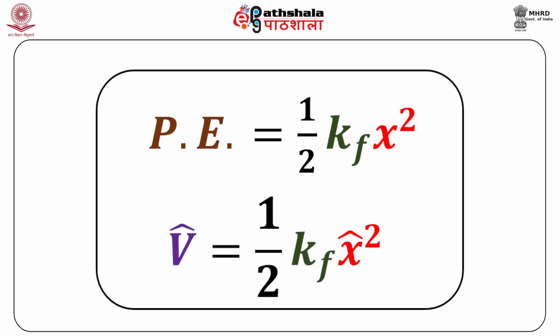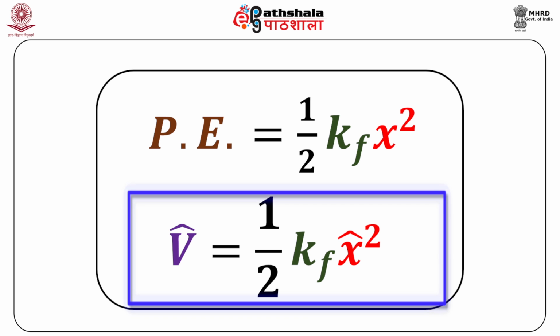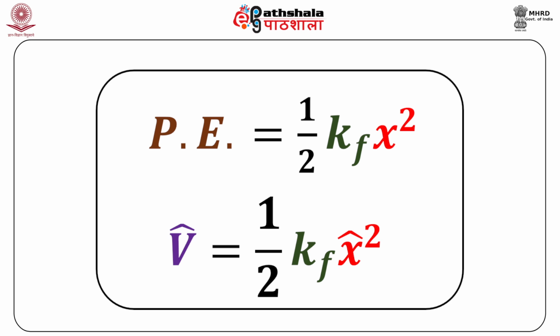Now if we have to write the quantum mechanical operator for this potential energy, which is V cap, that will become half kf x cap square. So for x we will write x cap square, and that becomes the potential energy operator for the linear harmonic oscillator.